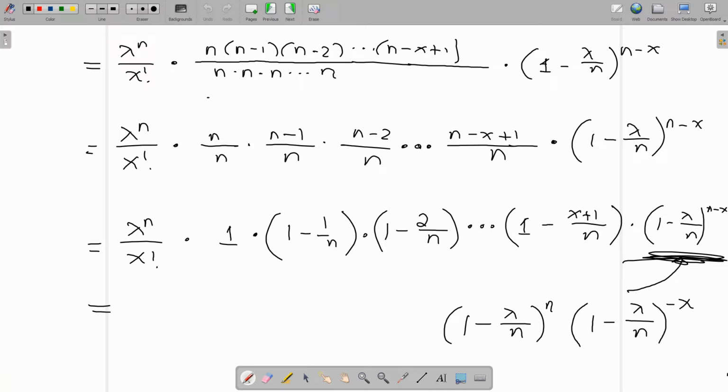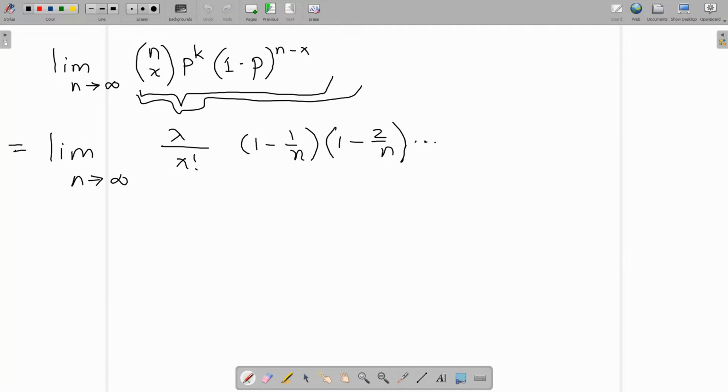So we have 1 minus 2 over n up to 1 minus x plus 1 over n. Okay, let us continue up to 1 minus x plus 1 all over n.